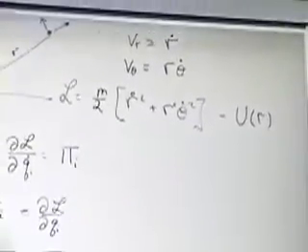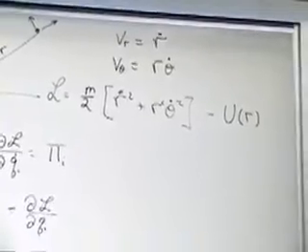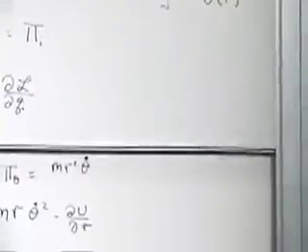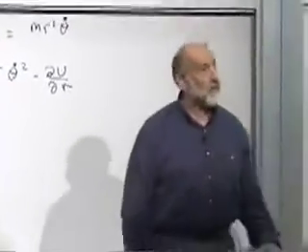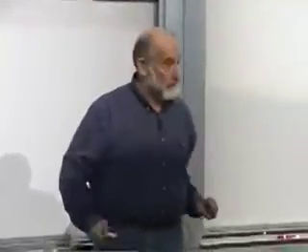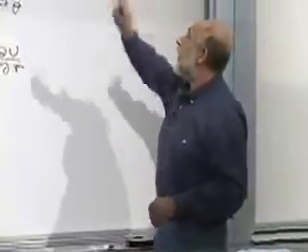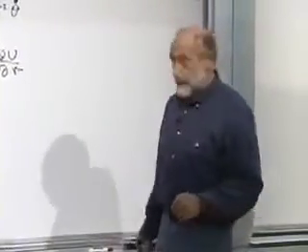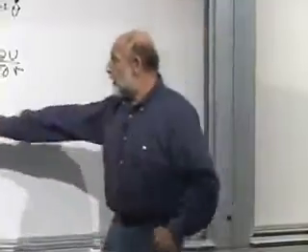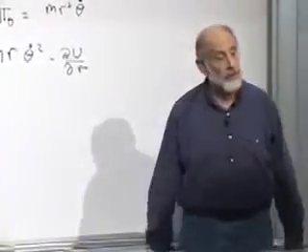The fact that theta doesn't appear in the Lagrangian is a consequence in this case of the rotational invariance of the problem that I set up. Nothing depends on that angle. In particular, the potential energy doesn't depend on angle. Therefore, dL by d theta is equal to 0.